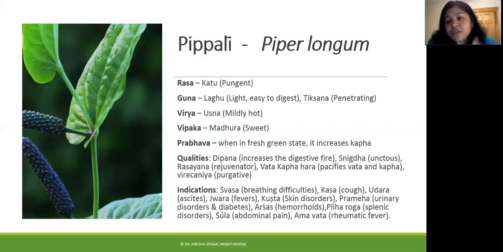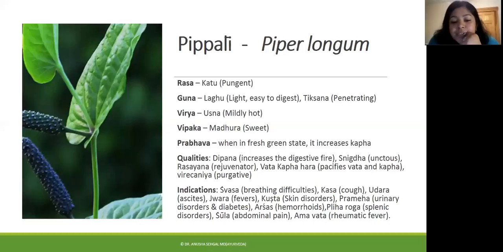That all comes under the realm of shwasa. So that includes asthma, but is not restricted to asthma alone. Okay, kasa is similarly coughing. So all sorts of disorders that revolve around cough being the primary symptom come under the realm of kasa.